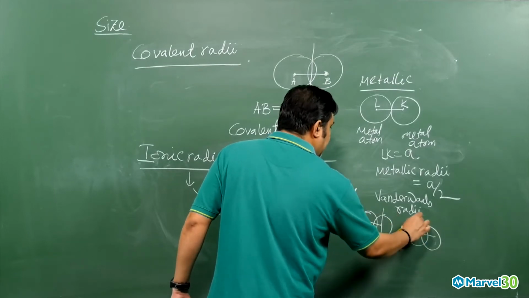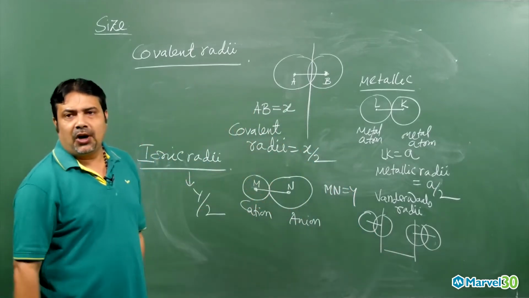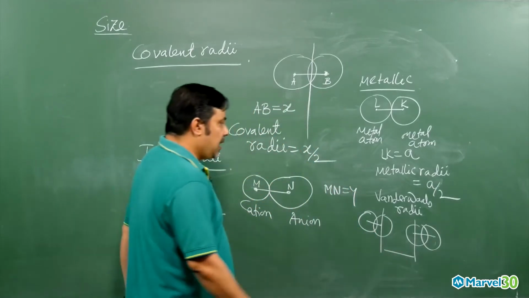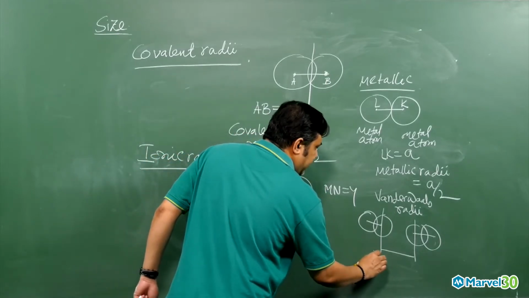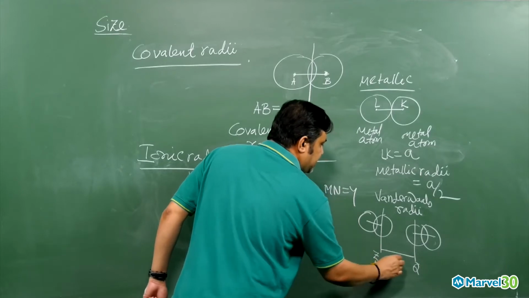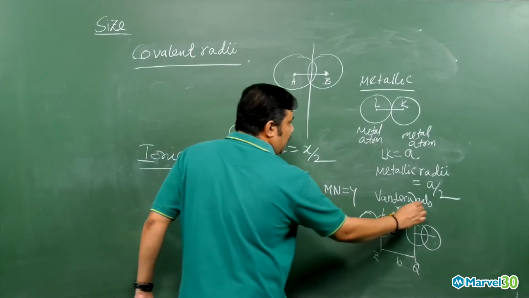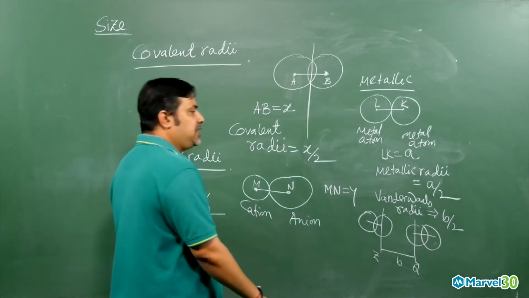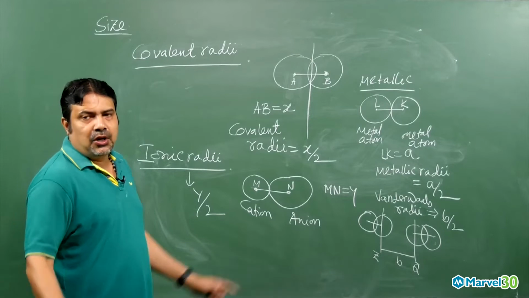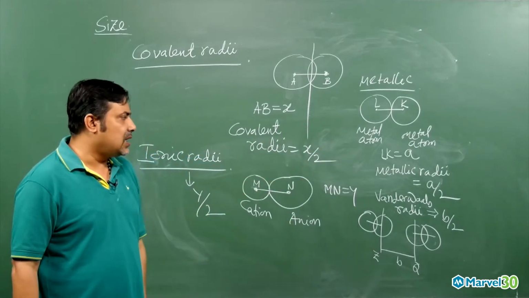If I take the distance between the two atoms which are separately bonded in different covalent bonds, suppose this distance is B, then the van der Waals radius will be B by 2. Half of the distance between two atoms which are in different covalent bonds is the van der Waals radius.